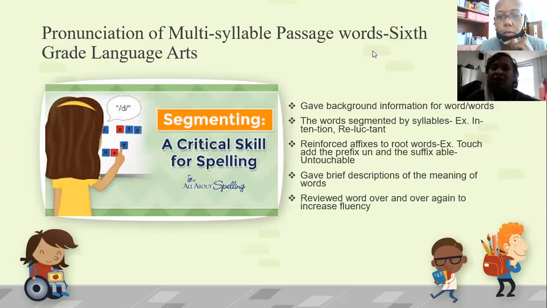This will help our students because they need to know the background of what they're reading. It gives them a foundation they can build on. When we segment our words in our classrooms, it helps our students understand the word that they're saying. And when we add a suffix or a prefix onto the word, we create new words for our students.